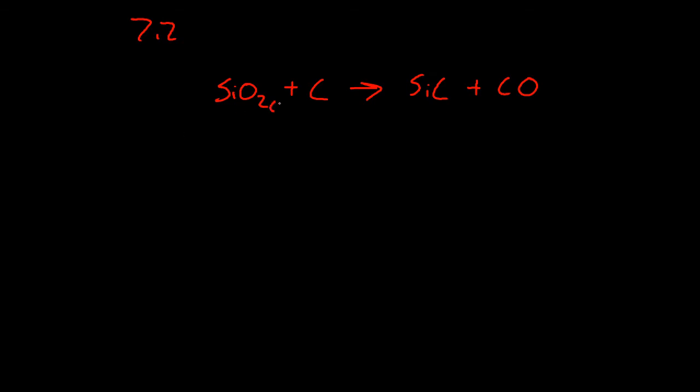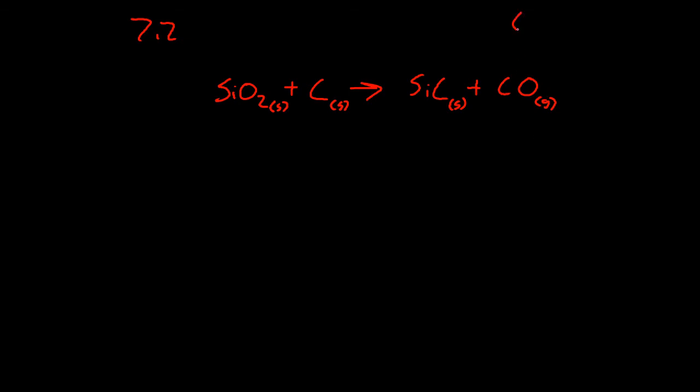But if you see the little S and S and S and then G, those are just indicating the phase of the material. So a little sub with an S in parentheses, that means solid. A G in parentheses, that means gas.